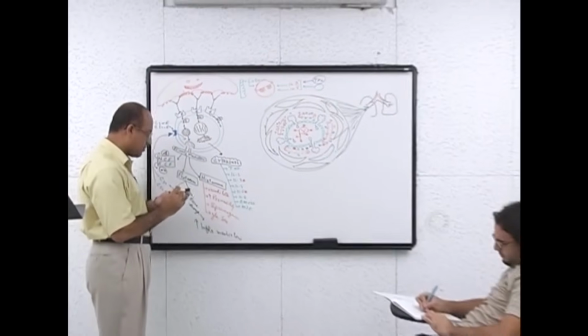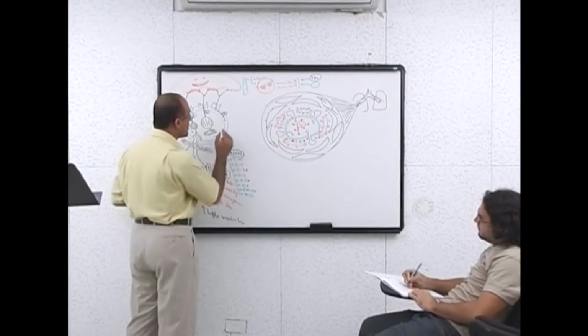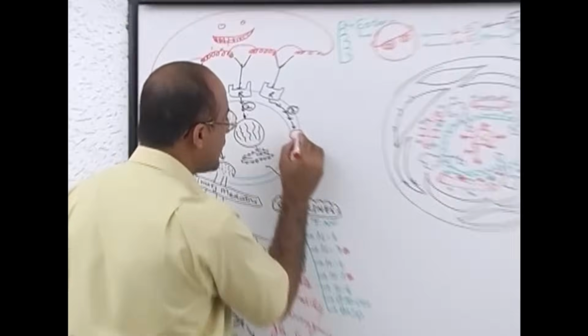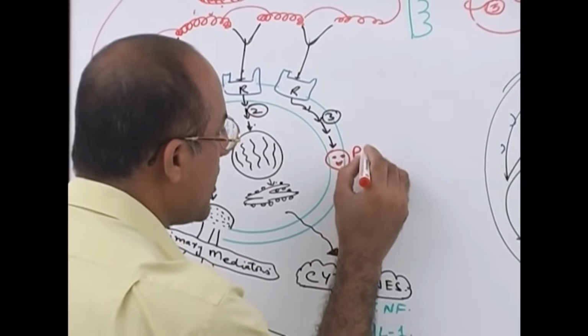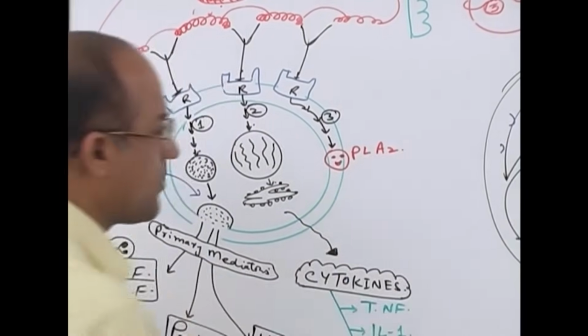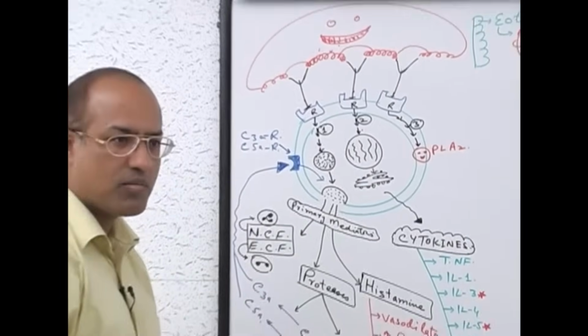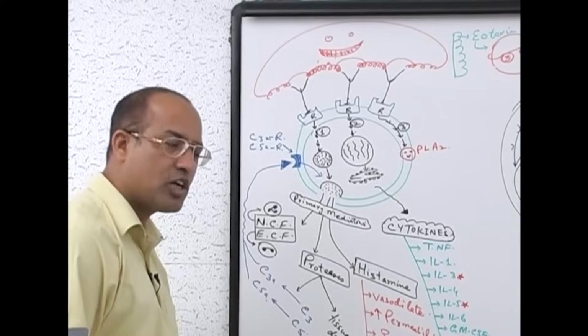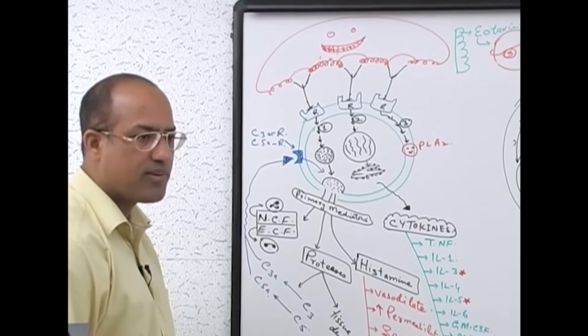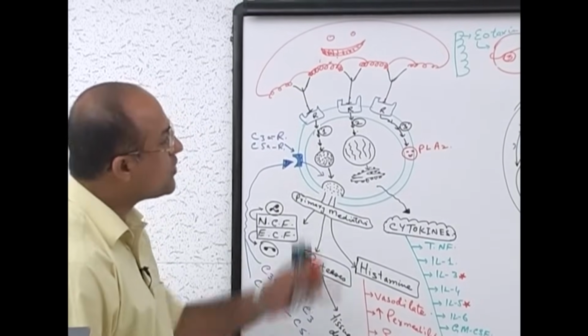Within the mast cell membrane, there is a very special type of enzyme called phospholipase A2.